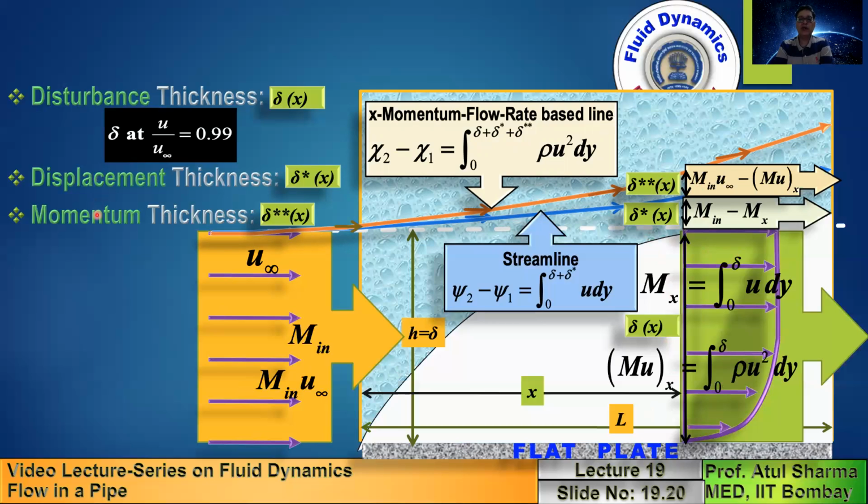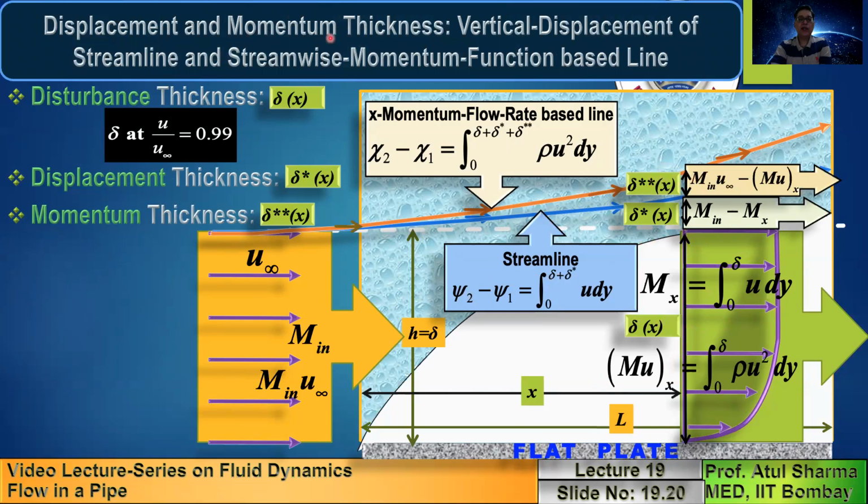So this displacement thickness and momentum thickness are basically the vertical displacement, or the height of the fluid layer outside the boundary layer, needed to compensate for the decrease in the mass flow rate, for displacement thickness, and the decrease in the streamwise momentum flow rate, for momentum thickness, that occurs at a certain axial location x.